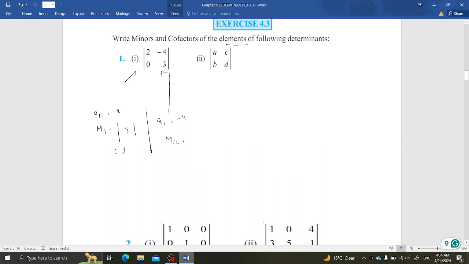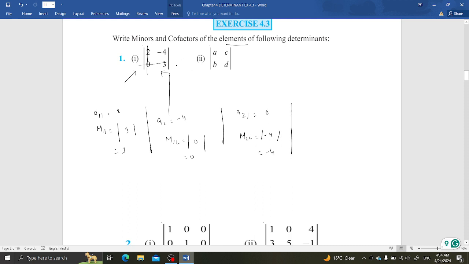Denoted by M12, it will be 0, so we are getting 0. Same as that, a21, second row first column, the element is 0, and the minor M21 is minus 4.